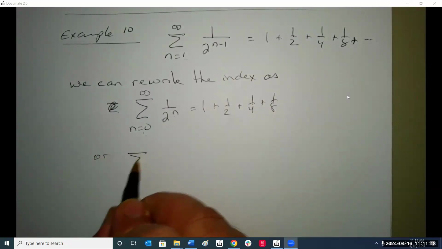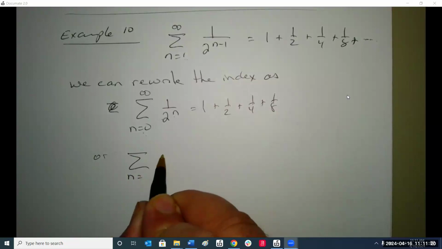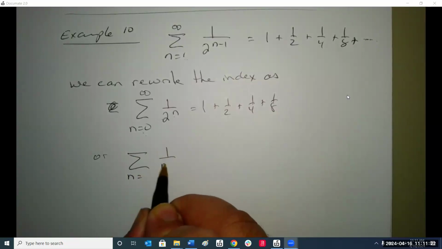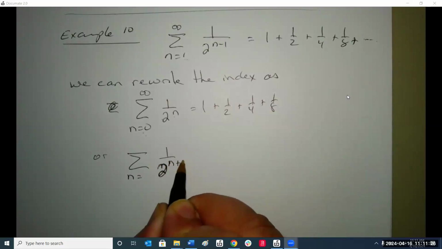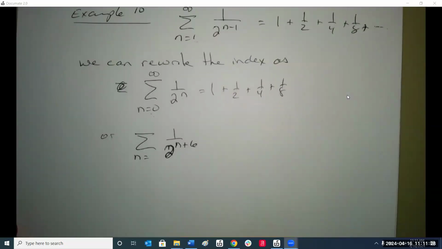Or we could do summation of 1 over 2 to the power n plus 6.